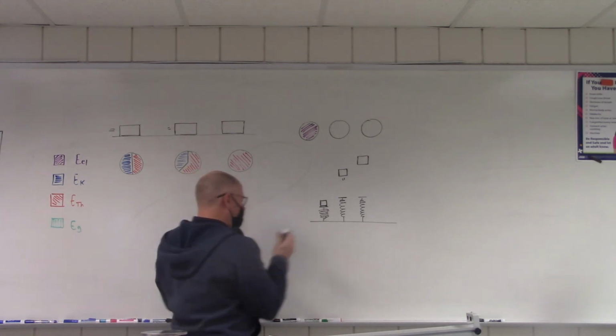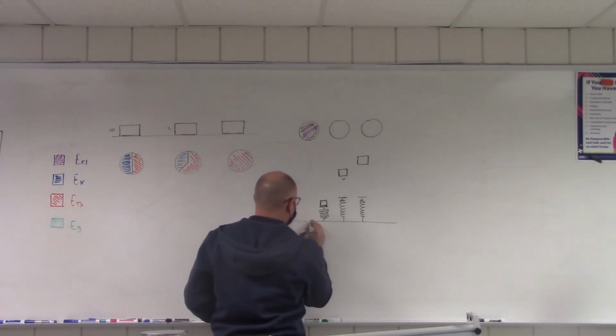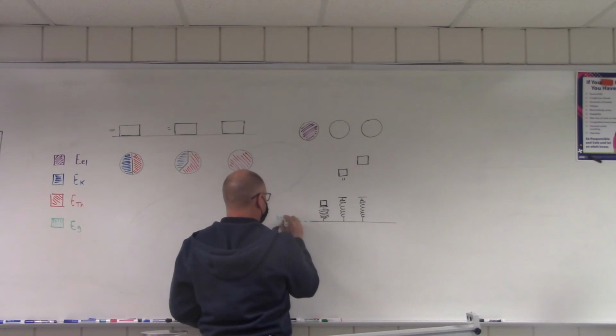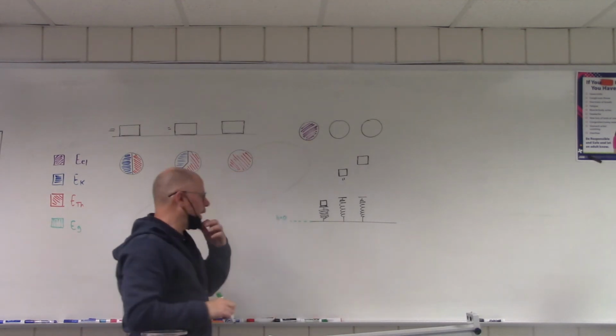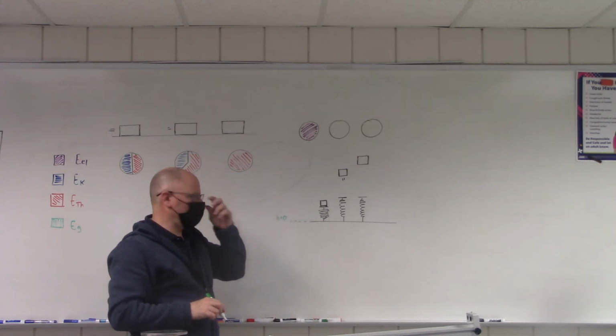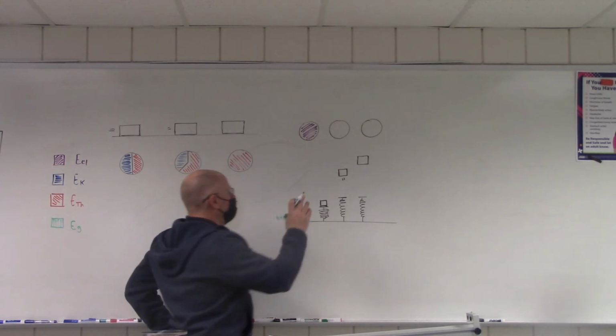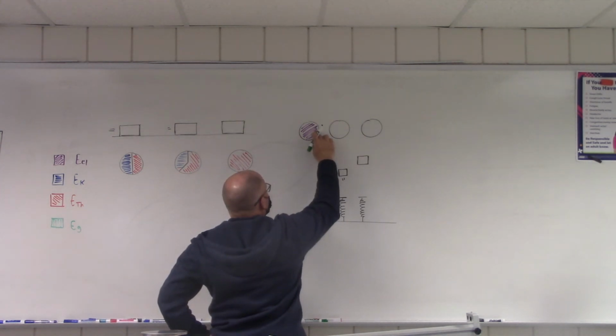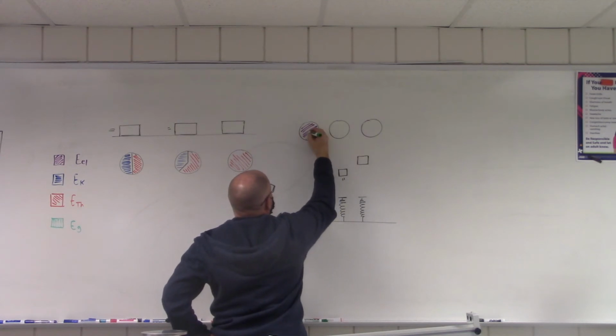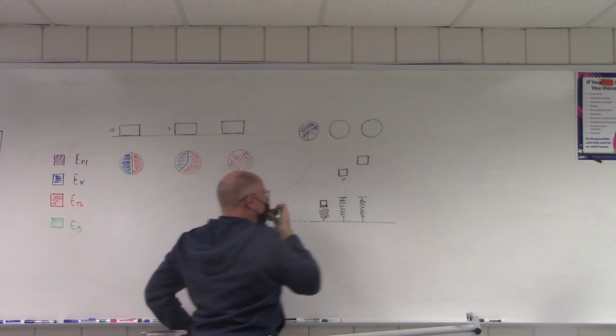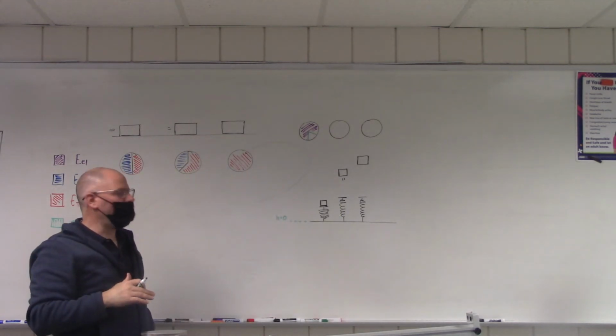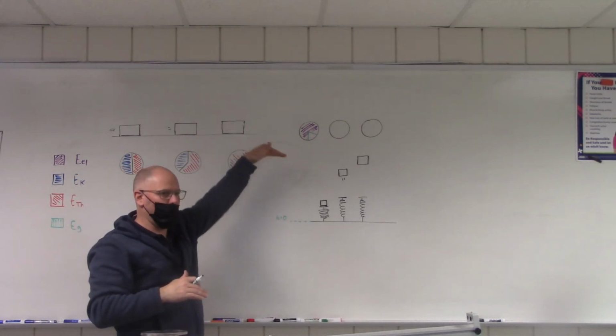If I make the ground my height equals 0, then is this block above the height equals 0? So if we do that, then we're going to have to include some gravitational energy in here. Okay, gotcha. But it's not the fact it's being pulled, it's whether it's up above a height or not.